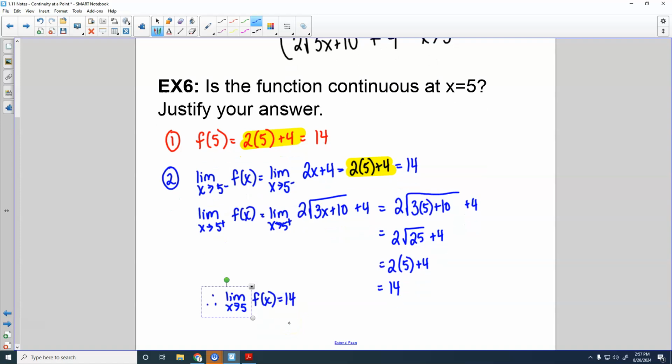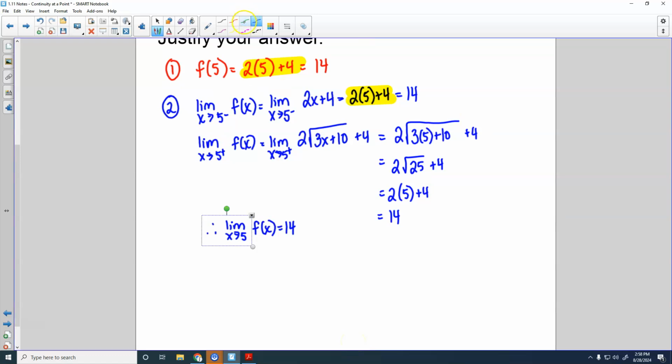But if you left that off, you could get away with leaving that off. But you do have to show the last step right here where we say f of 5 equals the limit as x approaches 5 of f of x. Now, it's acceptable to do this last step without showing what that stuff equals because you've already done that up here.